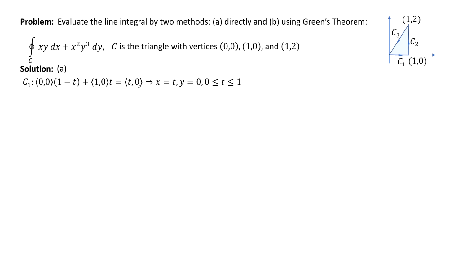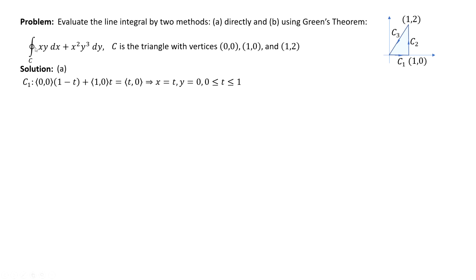So the r of t for C1, or r1 of t, maybe I should say that, is nothing but t comma 0. In other words, we can interpret this as x being equal to t and y being equal to 0. Cool? And absolutely vital is to recognize that t goes from 0 to 1 because of how we set this up.